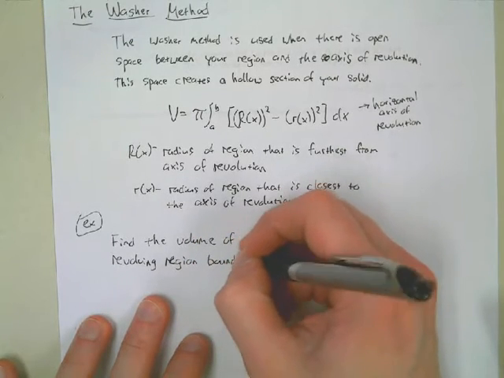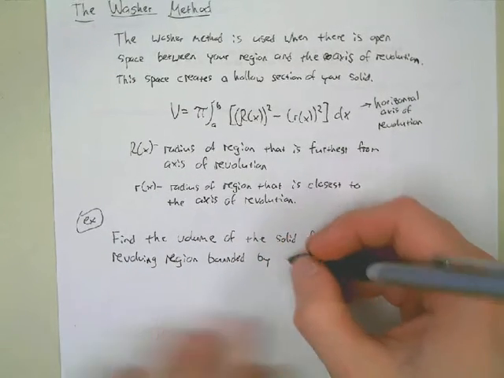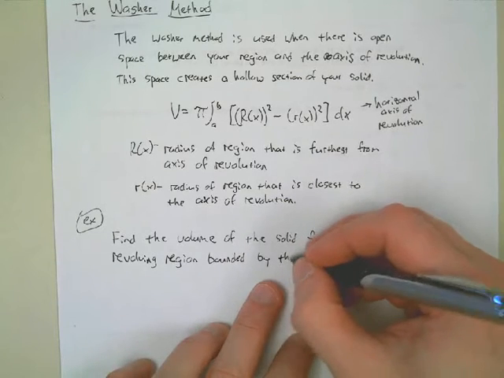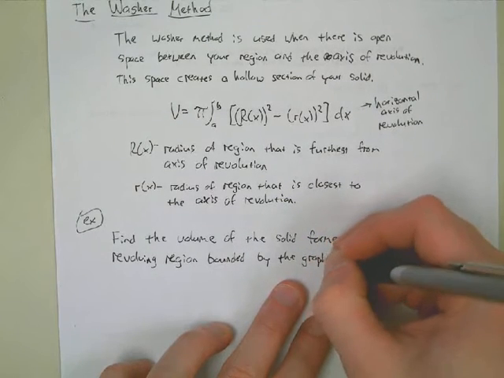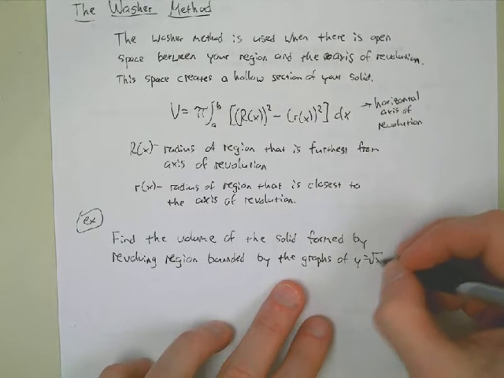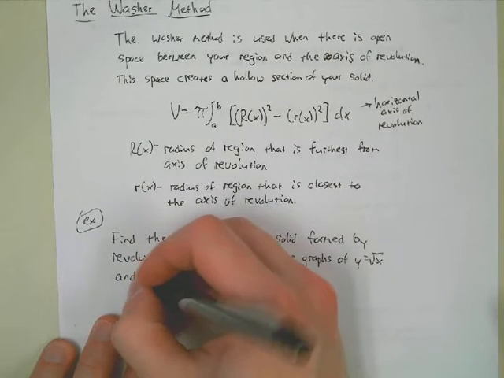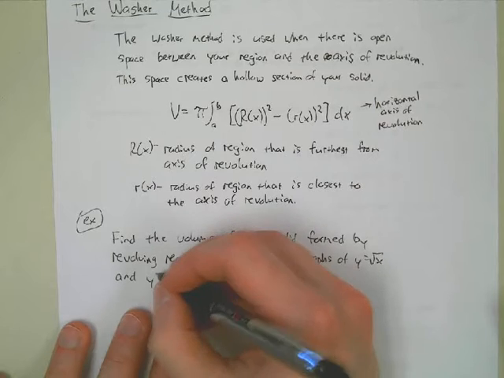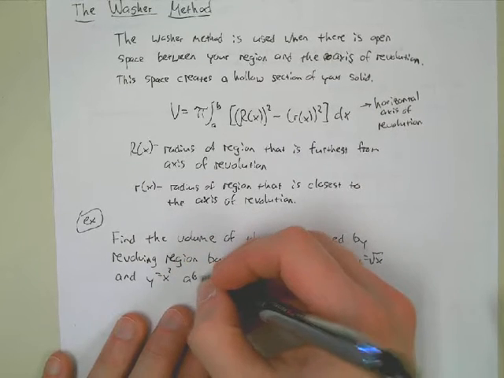Bounded by the graphs of y equals the square root of x and y equals x squared about the x-axis.